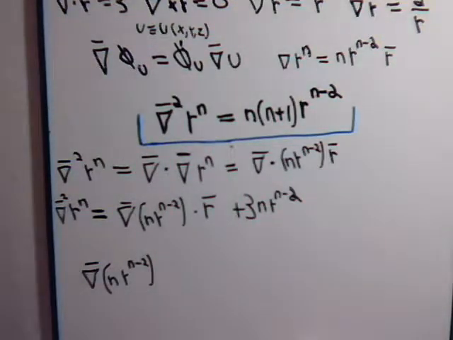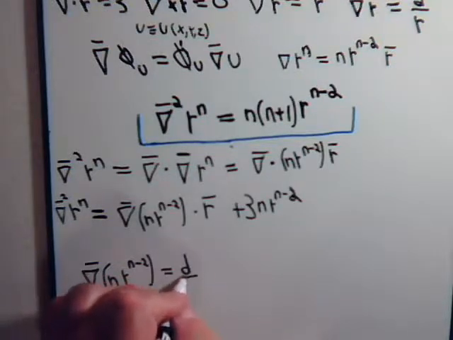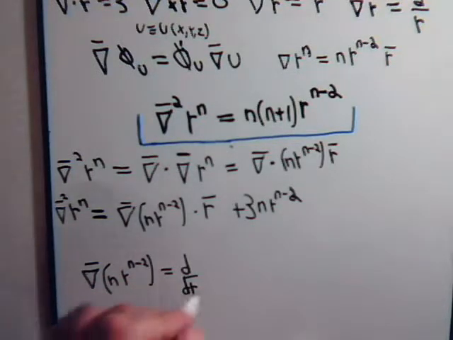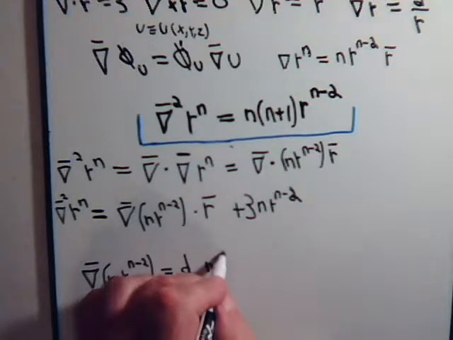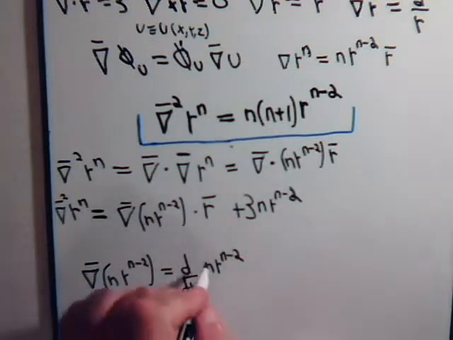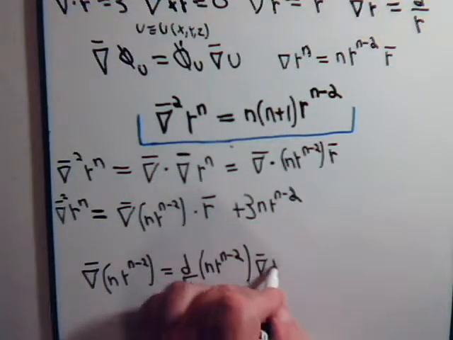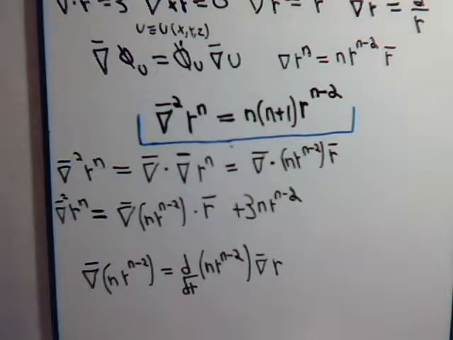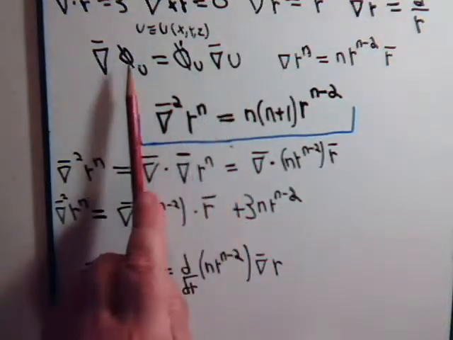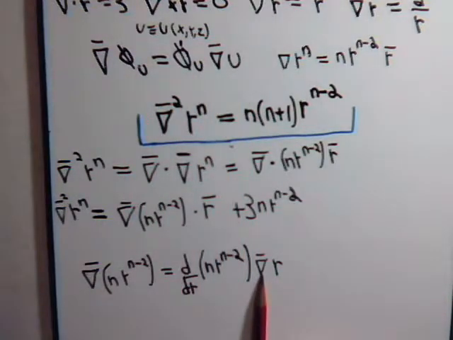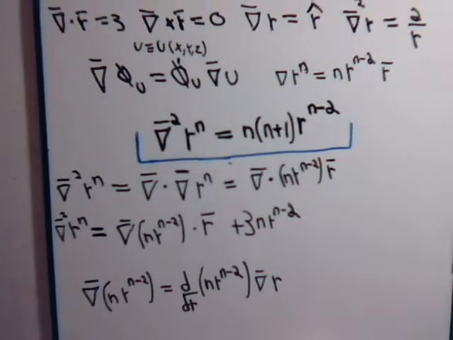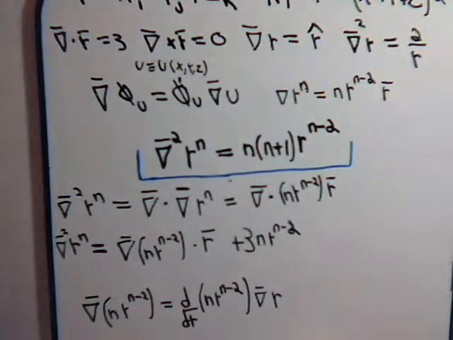So this is equal to the derivative of this expression with respect to r of n times r to the n minus 2, times del r. So again, that's where we make use of this relationship. And what is del r? You know what that is? That is just the unit position vector.